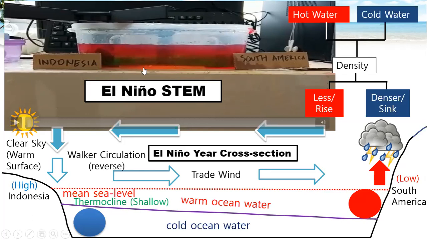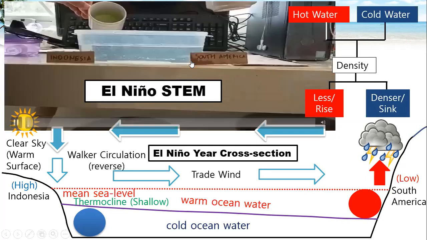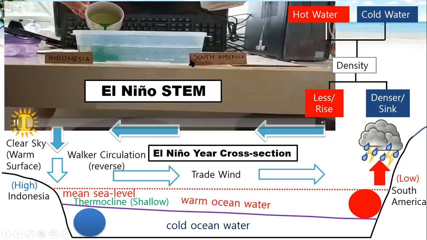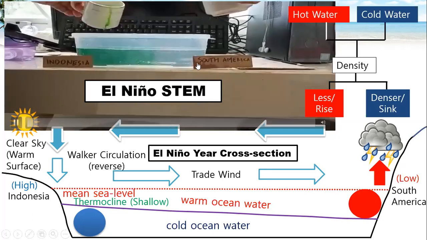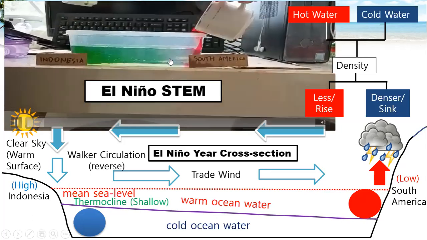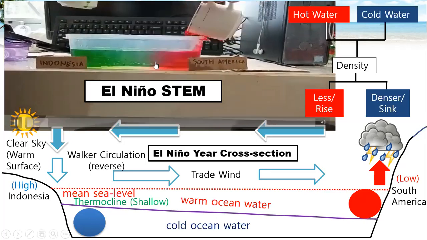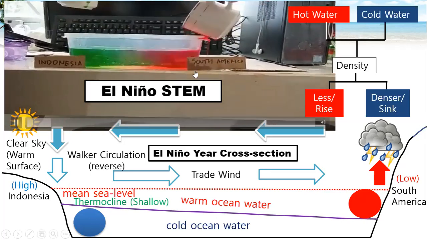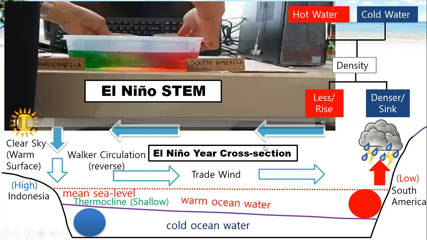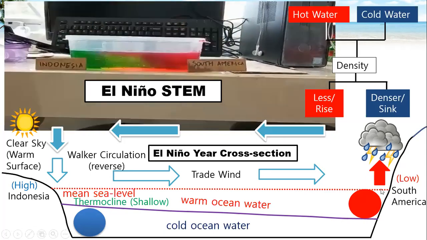While in South America here, you can see the thermocline is thicker, and warm water is pushed, because of its lighter density, to the coast of South America.